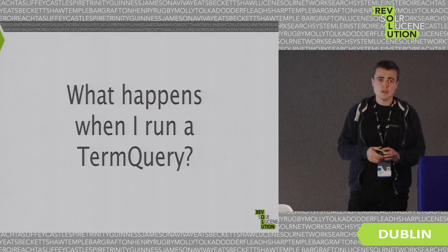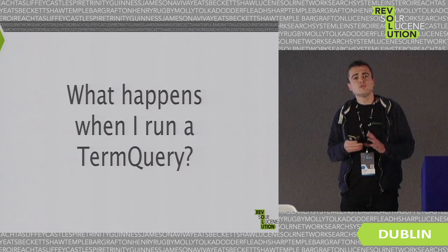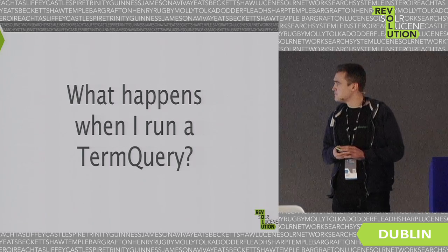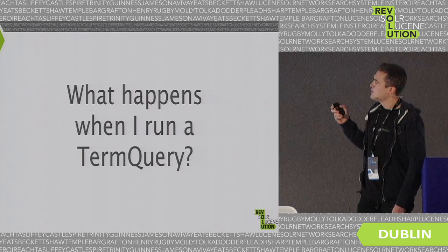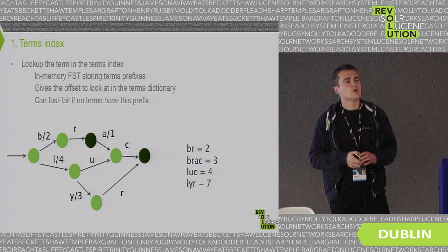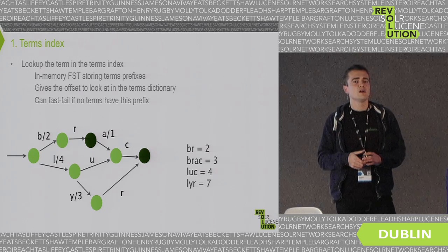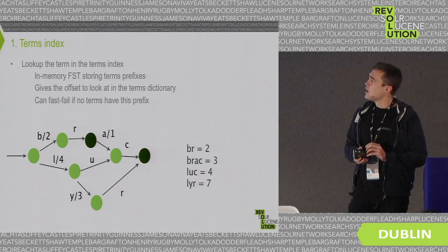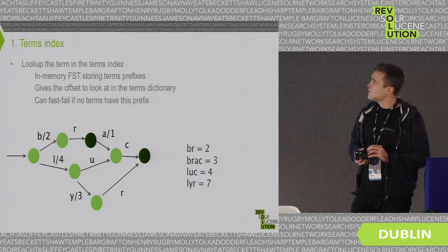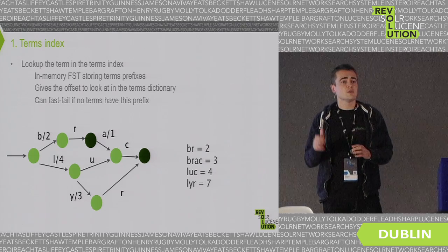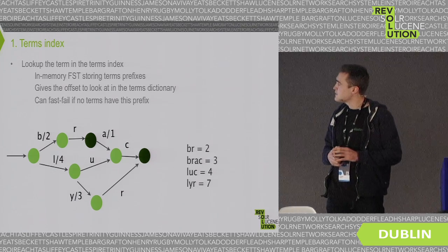So now I'm going to try to explain what happens when you run a term query in Lucene. Let's say that we are going to run a term query, and the term we are interested in is Lucene. First, you need to go through the terms index. The terms index is stored in an FST that I was talking about in the previous slide.